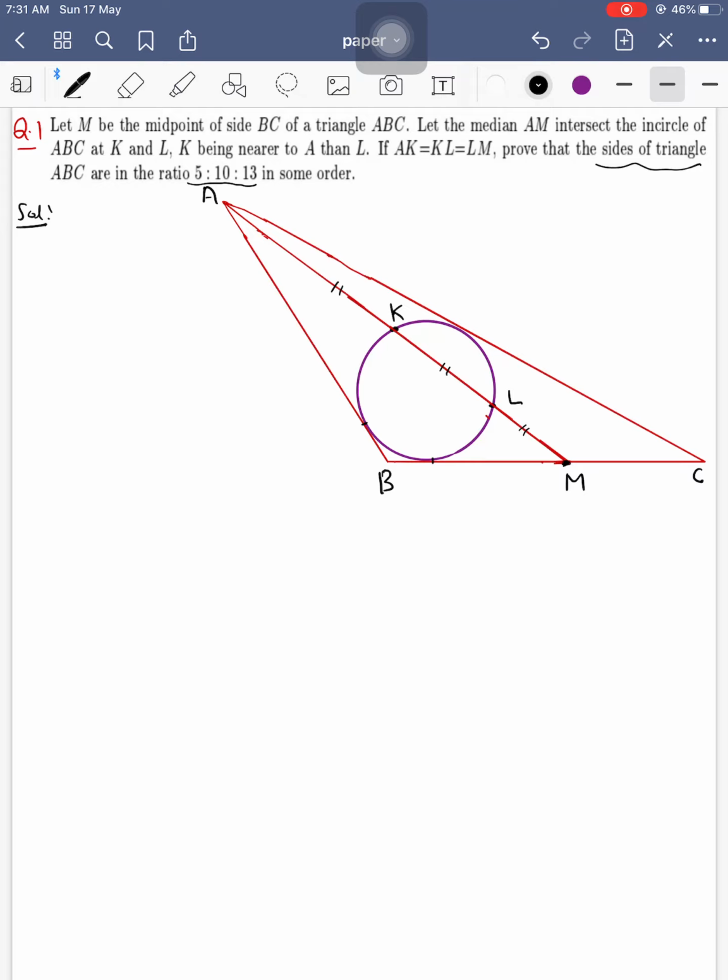Okay, let us assume that AK equals KL equals LM. Each side length is X. And also suppose the incircle touches the side BC at point D and AB at point P. Using power of a point, since AP is tangent and AKL is secant, therefore we can write AP square equals AK into AL.